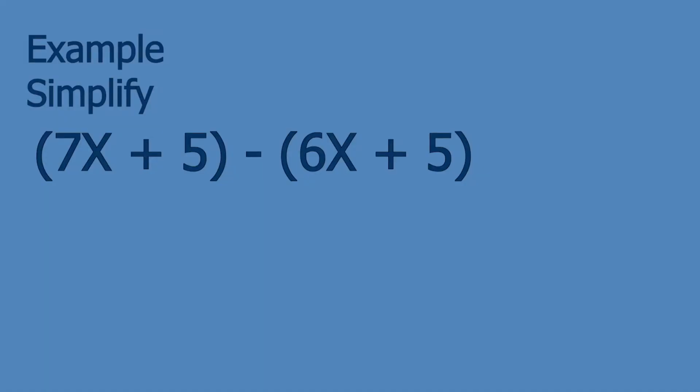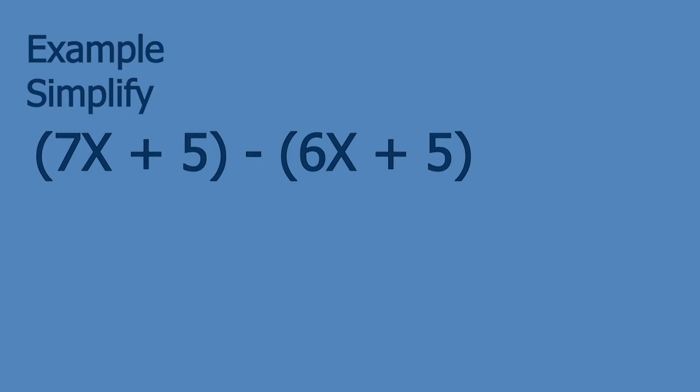So a classic example, something like this. Simplify this expression, or usually they just have the direction simplify. (7x plus 5) minus (6x plus 5). Now, once again, this is not really a problem or a question. There's really nothing you can solve. So what you can do is simplify. You can combine like terms. Let's take all the parentheses out. For the minus, technically it's a negative 1.